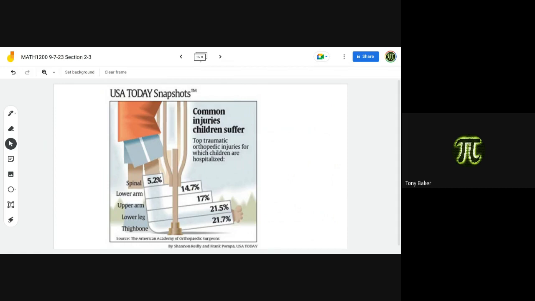That doesn't sound right. So the data is probably for those that were hospitalized. So out of the children that were hospitalized, this is the most common injury. But nowhere does it say what percentage of children are hospitalized. So it's misleading, and it's misleading to show whatever they wanted to show.